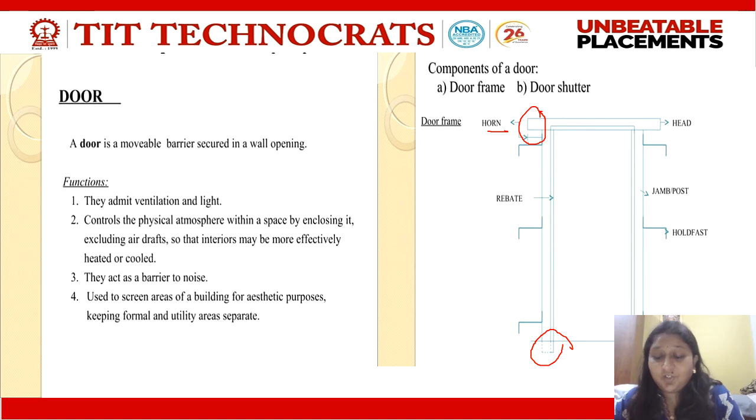Now, depending upon the shutter types, maybe the shutter is of glass, it may be of wood, it may be of metal, the frame should be there. Now, a question may arise in your mind: how are these two portions connected with each other if it is not a single piece member?